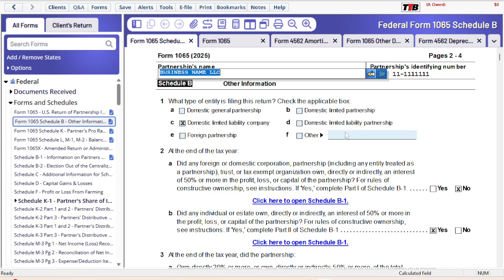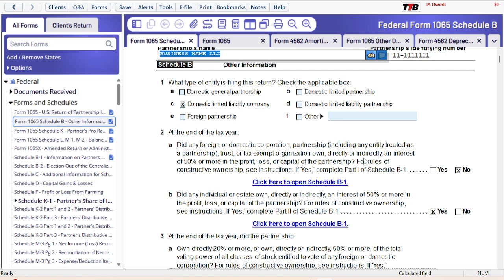If it's a partnership, then it will be D. But here is C. 2, at the end of the year, did any foreign or domestic corporation or partnership own 50% or more of profit, loss, or capital? I'm not reading it well. But did any domestic corporation own 50% or more of this partnership? The answer is no here. If it's yes, you have more forms to fill out here.